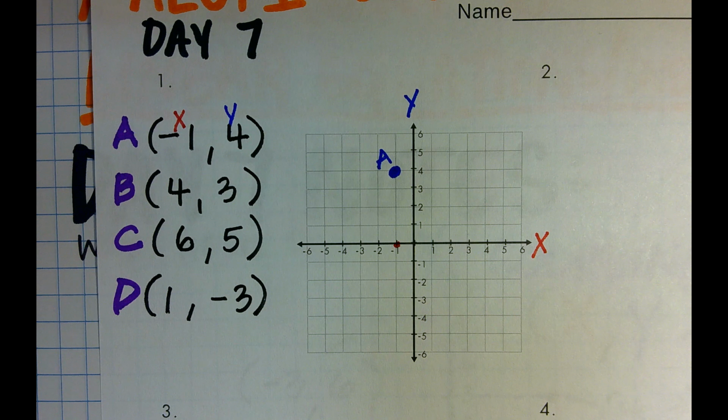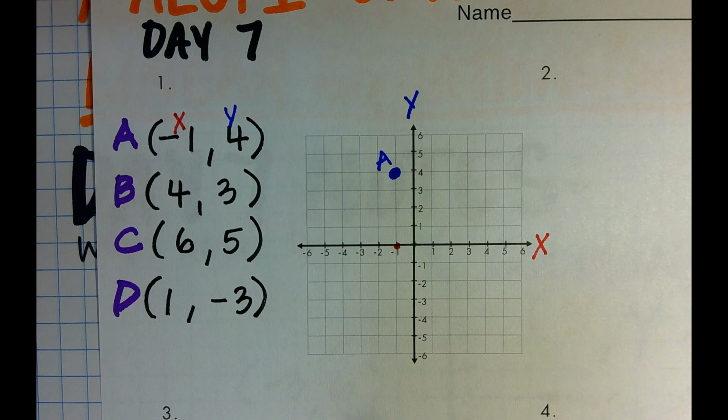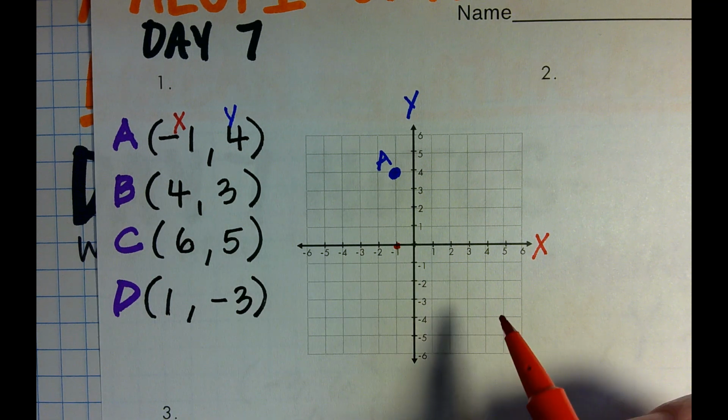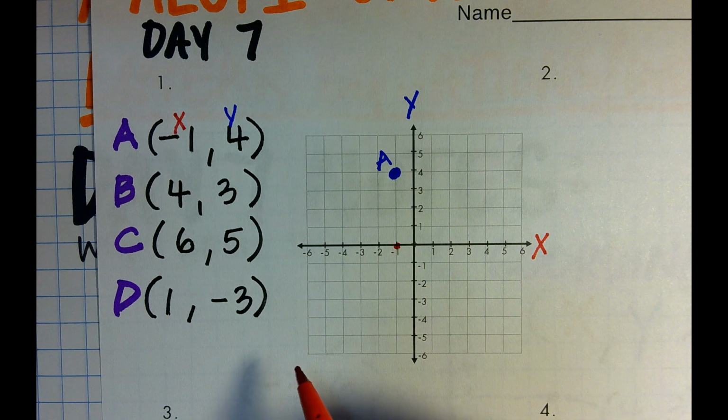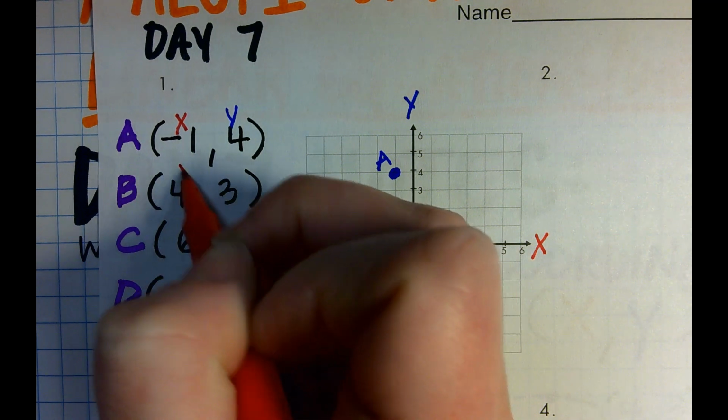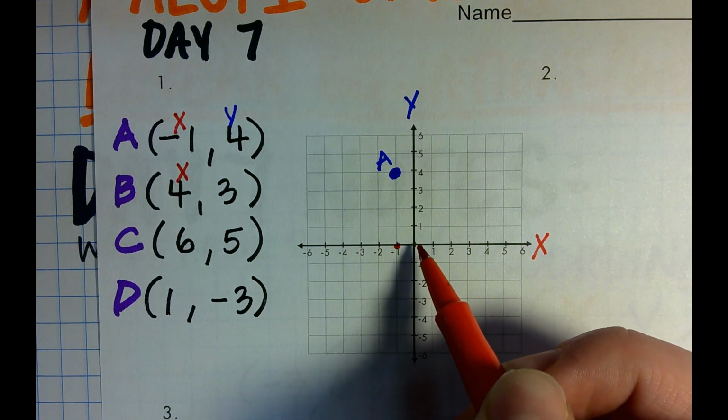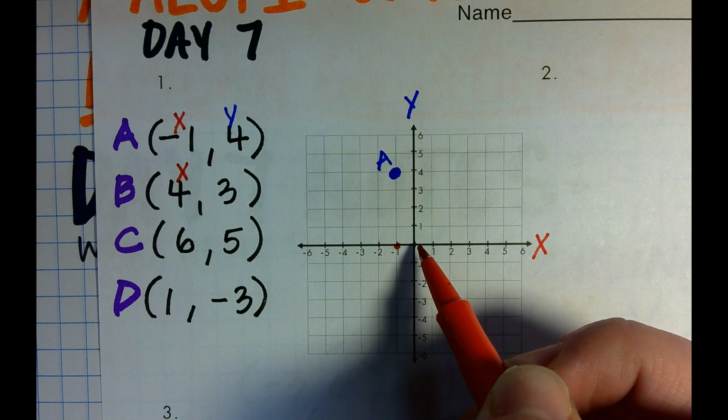All right, somebody tell me about point B. Who can do that one? Okay, Rhonda, what am I going to do first? I'm going to do x first. Mm-hmm. The x, yeah. What's my x? X is 4. Perfect. So we start at 0 and go to the right 4. Good.